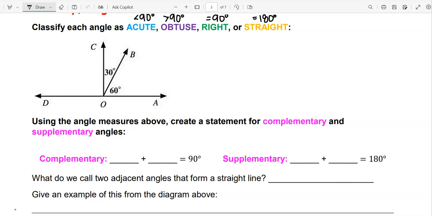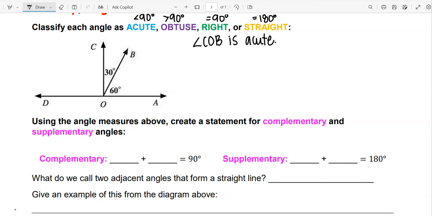So we're going to practice our vocab, and we're going to be practicing naming angles today. So someone name an angle that is acute in our picture. Okay, 30 degrees is the measurement. I want the name of the angle. COB, perfect. So angle COB is acute.